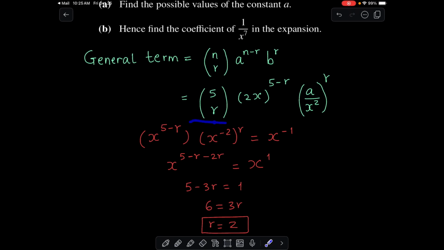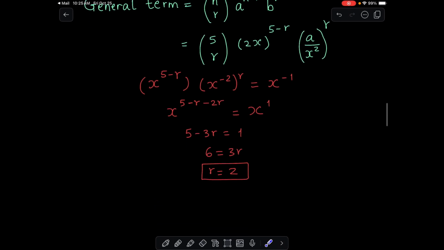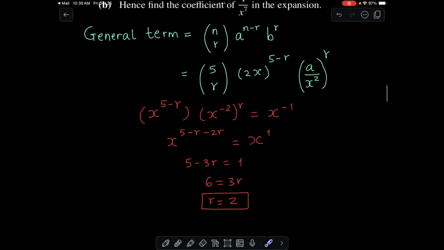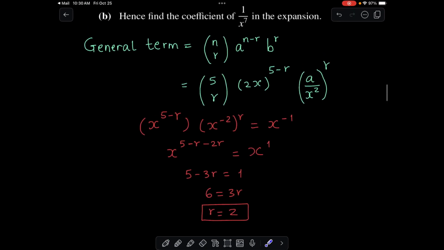Once you have obtained the value of r, go ahead and substitute the value of r in this general term. So I'm going to substitute that now. Once you have found the value of r, go ahead and replace your value of r in this general term that you have obtained by substituting n equal to 5.